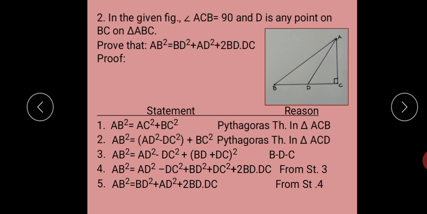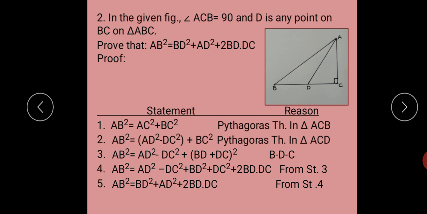Riders are not very difficult if your concepts are very strong and you get the hint from whatever is asked to prove, such as 2BDDC. You should know this is A plus B whole square.